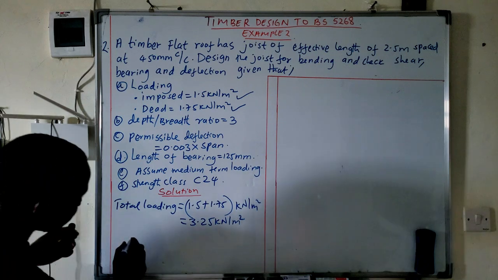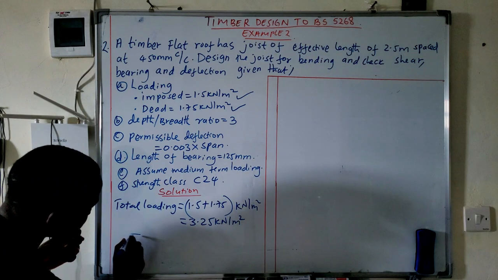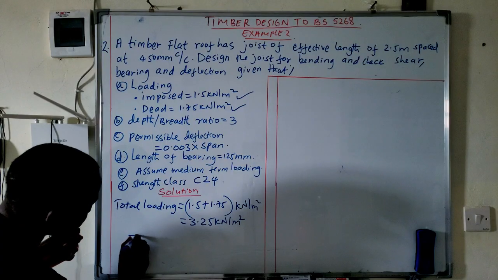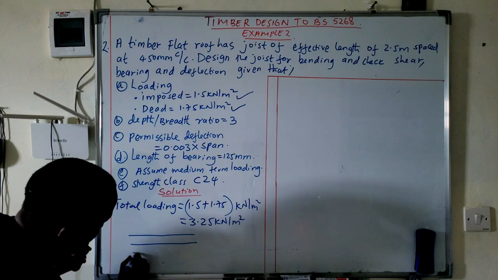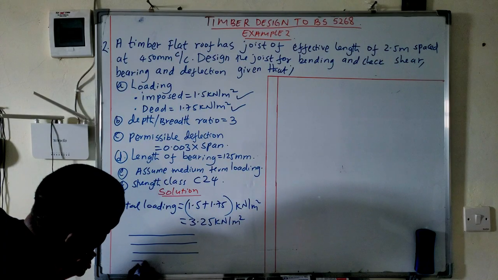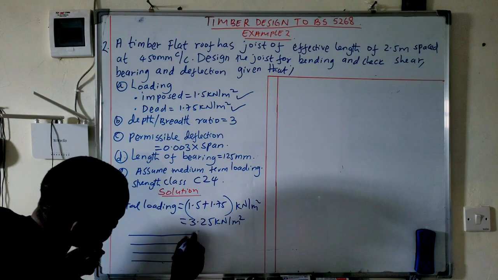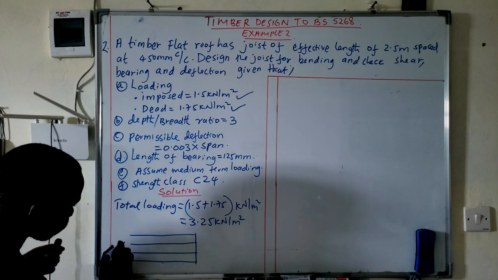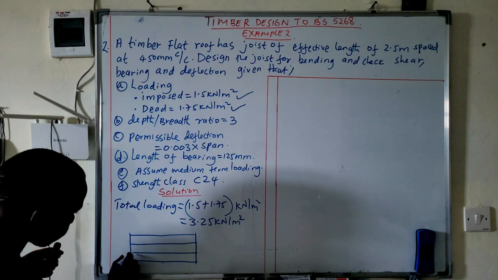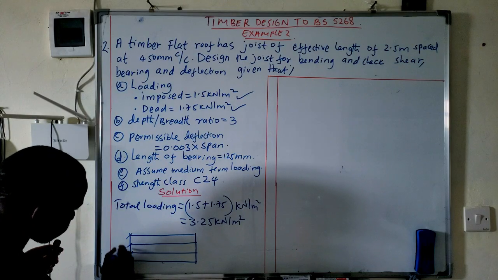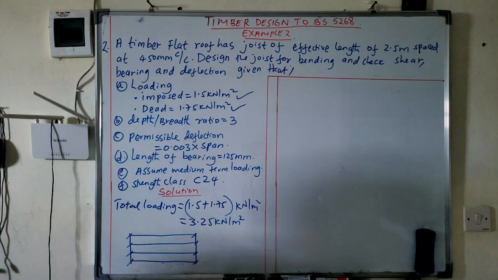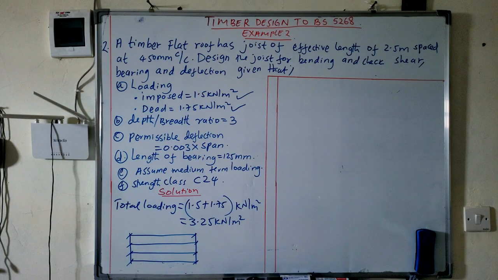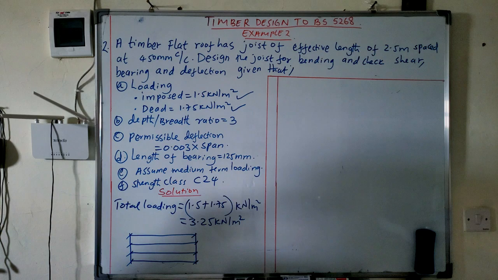So if we can sketch the joist here, so that is the joist, and it is spaced at 450 millimeter center to center.